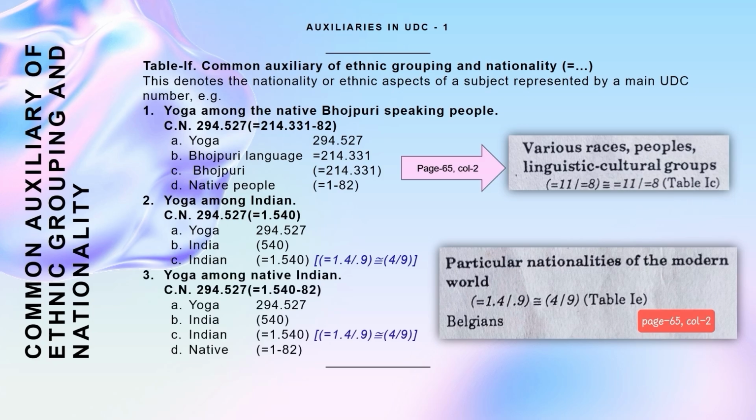Ethnic people will be classified by the place auxiliary. So, you see the India number is 540. So, Indian number will be within parenthesis equal to 1.540 and native people is within parenthesis 1-82. So, the final class number will be 294.527 within parenthesis equal to 1.540-82.